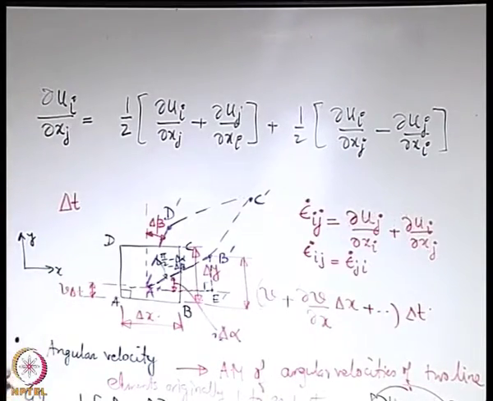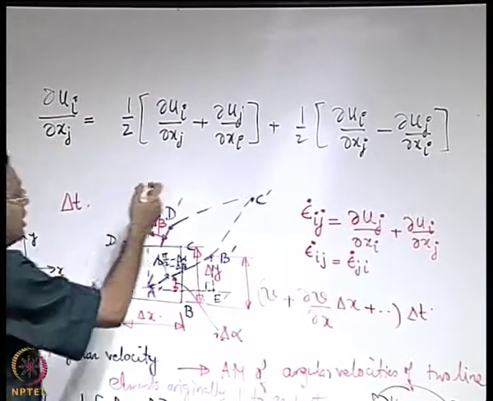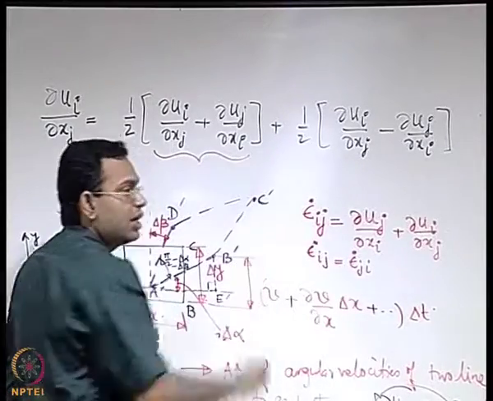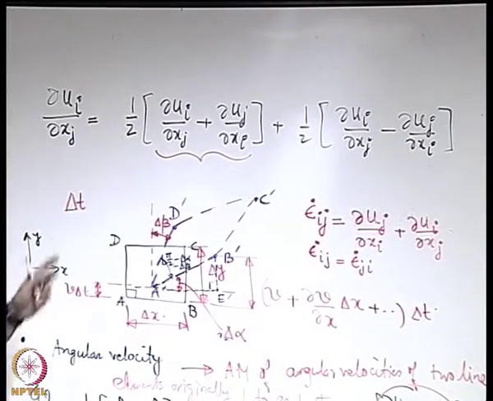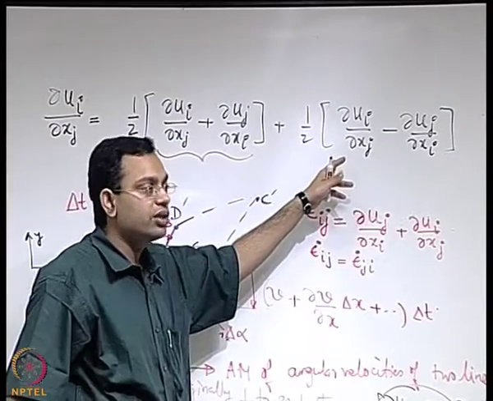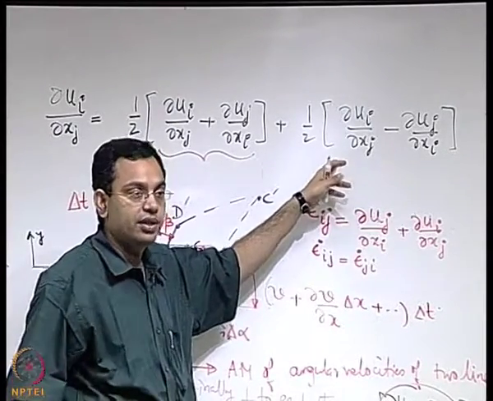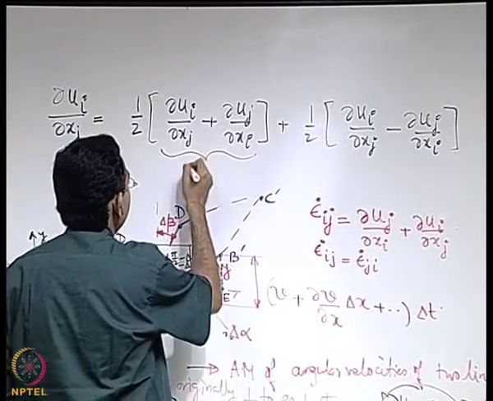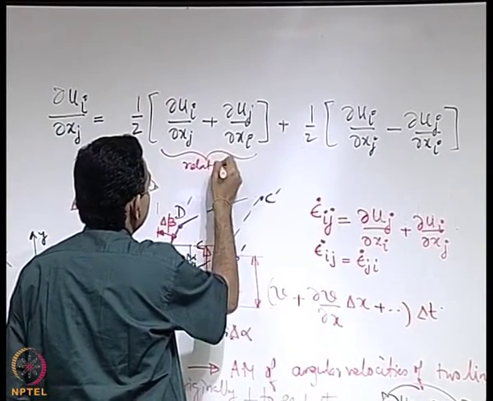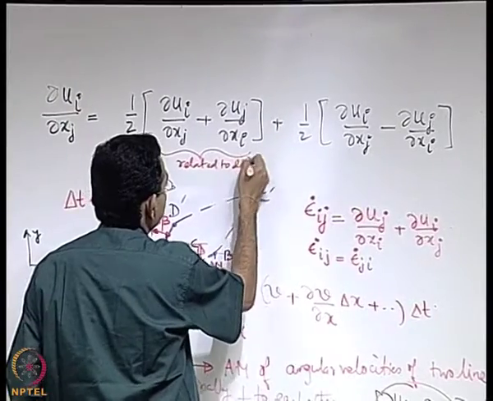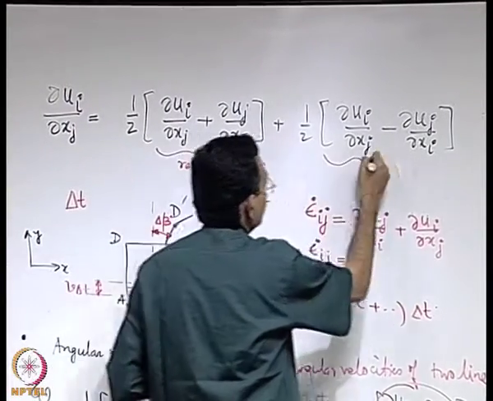Now you see that when you have a general velocity gradient, out of that only one part is related to deformation and another part is not related to deformation, it is related to just angular motion like a rigid body. So this is related to deformation and this is related to rotation.